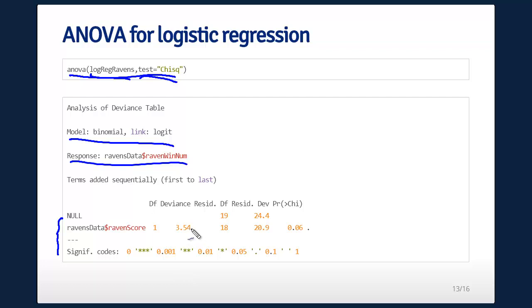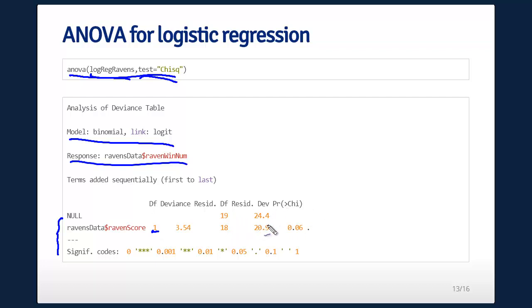Okay. So the null model includes just an intercept, and the deviance is a measure of model fit compared to the previous model. So the degree of freedom equal to 1 here corresponds to the one extra parameter we've introduced by including the slope.